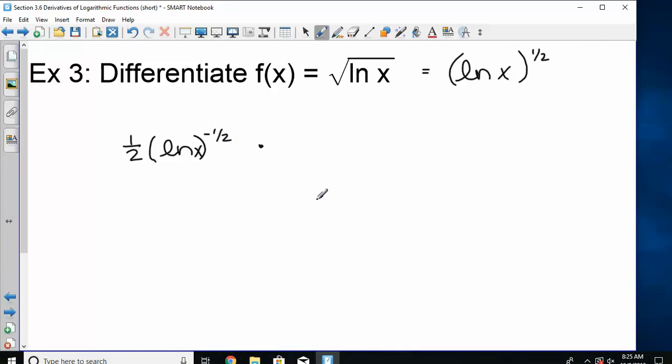Times derivative of the inside. Derivative of natural log will be 1 over x. And we could simplify this a bit. The natural log had a negative exponent, so everything's going to be on the bottom. It'll be 2x times the natural log of x to the 1/2, or the square root of the natural log of x.